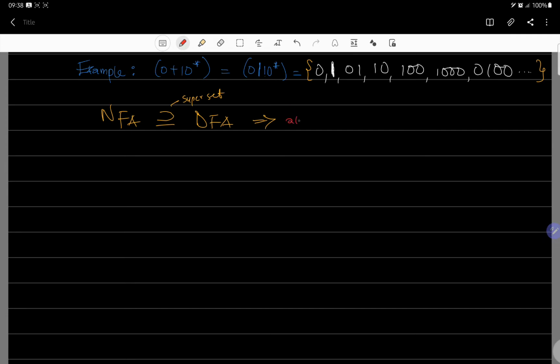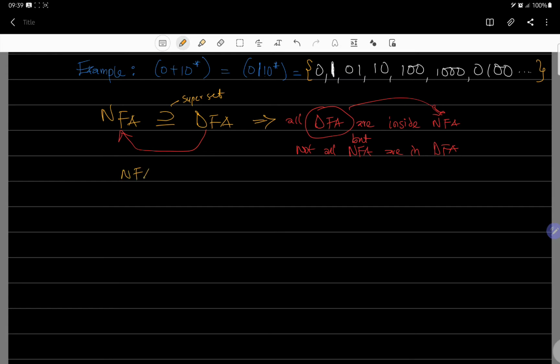It means that all DFAs are found inside NFA, but not all NFAs are in DFA, meaning that NFA is like the parent of DFA. Everything in DFA is inside NFA. Now, what is in NFA that is not in DFA?